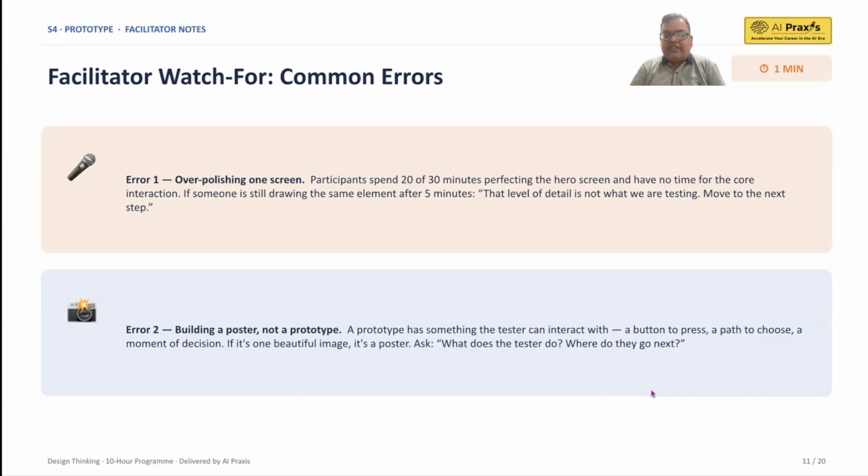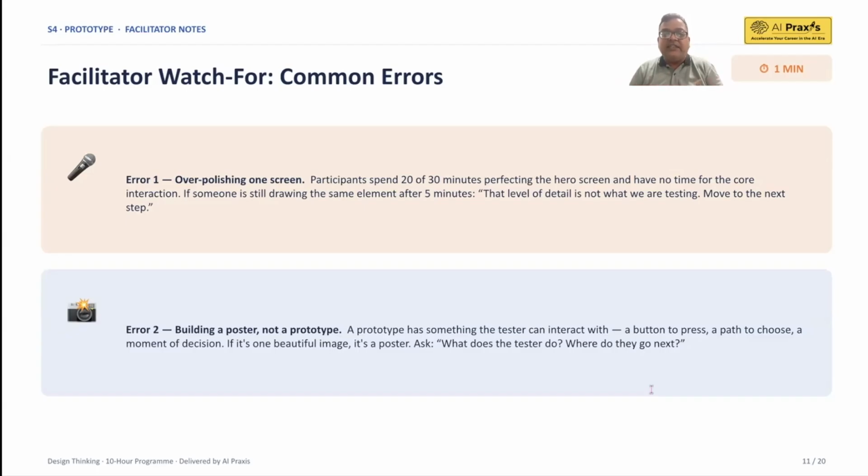The second mistake is building a poster instead of a prototype. A poster is something people look at, a prototype is something people use. There's a huge difference. A prototype must ask the user to do something: tap a button, choose an option, swipe to the next screen, pick between two alternatives, make a decision.